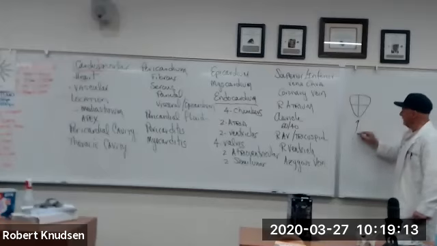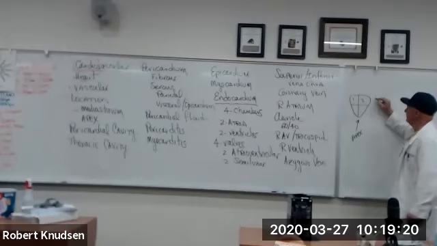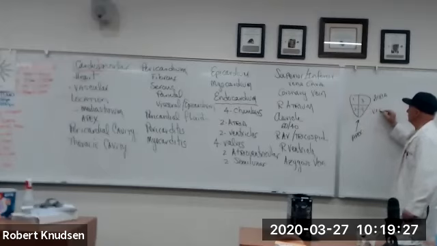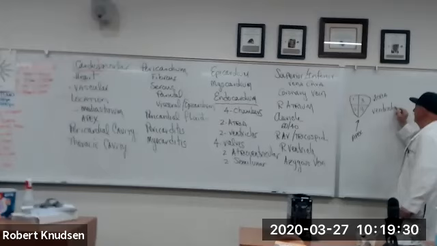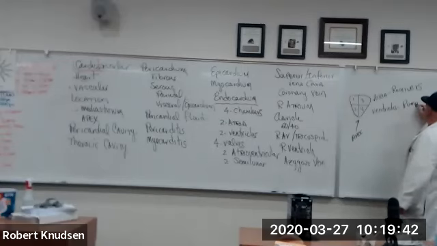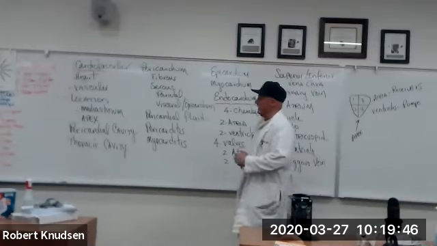This portion right here is called the apex. The top 2 chambers, 1 and 3, the odd numbers, are called atria. And the bottom 2 even numbers are called ventricles. The atria are receivers. And the ventricles are the pumps. Got it? Okay, back over here.